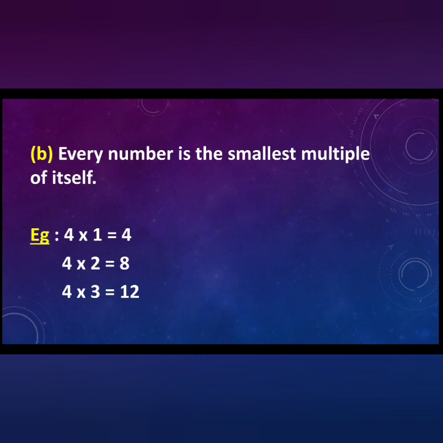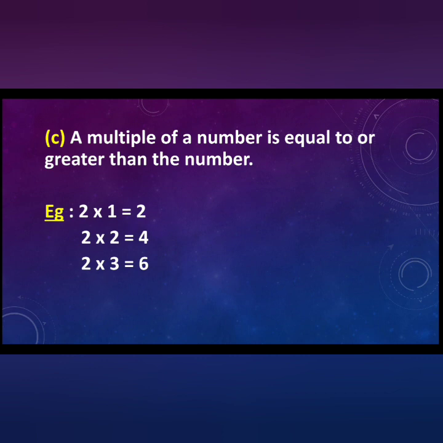Now moving to the next property: a multiple of a number is equal to or greater than that number. Now see here, let us consider the multiples of 2. 2 ones are 2, 2 twos are 4, 2 threes are 6, 2 fours are 8. Like that we will get the multiples of 2, right?